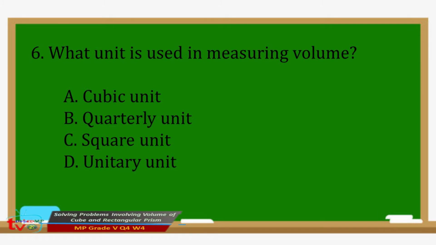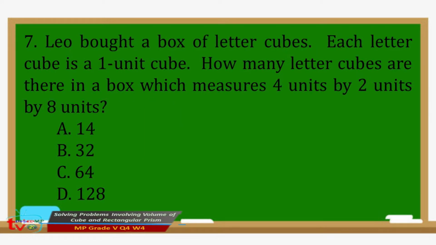Question number 6. What unit is used in measuring volume? A. Cubic unit. B. Quarterly unit. C. Square unit. D. Unitary unit. Question number 7. Leo bought a box of letter cubes.